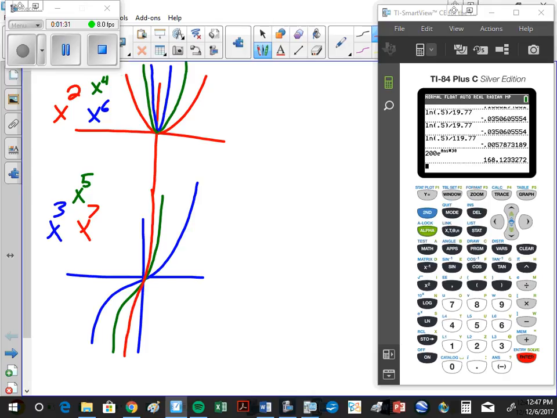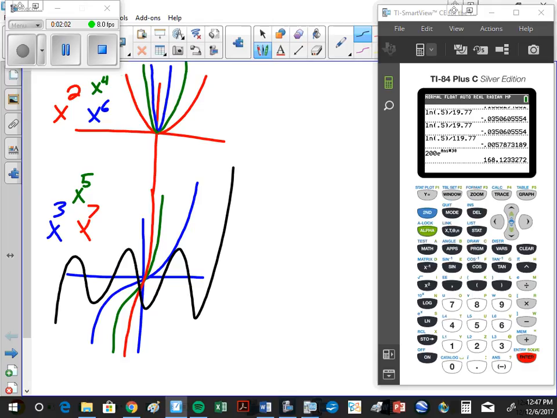So it's possible for an x to the 7th to look like this. But that only happens if there are other terms associated with that. It would need x to the 6th, x to the 5th, x to the 4th, and so on. But just x to the 7th is just a taller version of x to the 3rd. So all of the evens look like U's, and then all of the odds have this funny wave to them.